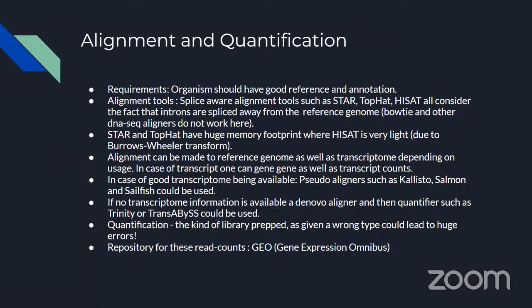The first pass is done using the entire index, and then the mapping is done through the small indices. So it only takes around 4 GB of memory, and you'll still be able to accomplish quantification and alignment on your laptop, whereas with STAR and TopHat you cannot do that.